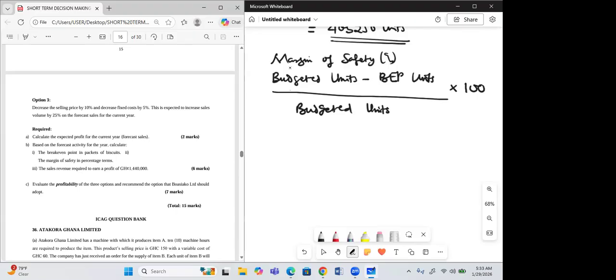Yeah, so what are we getting? The budgeted units was what? 720,000. Minus our 405,250, times 100.